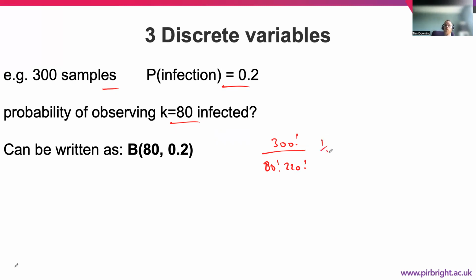So it's 1 in 5 to the power of 80 by 4 in 5 to the power of 220. We can work out that probability, which is going to be low because it's the probability of exactly k equals 80 being infected.